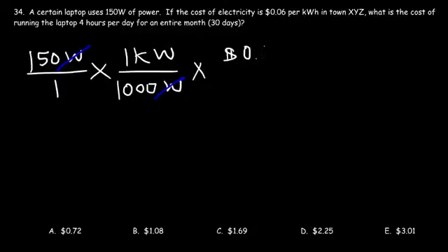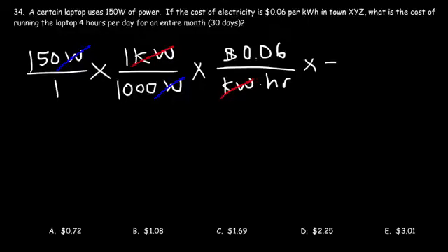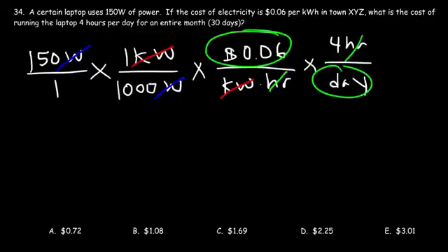The cost is 6 cents per kilowatt hour, which is kilowatts times the number of hours. So we could cancel the unit kilowatt. Now we just got to get rid of the time, hours. So the laptop is being used 4 hours per day. So right now, this will give us the cost of electricity per day.